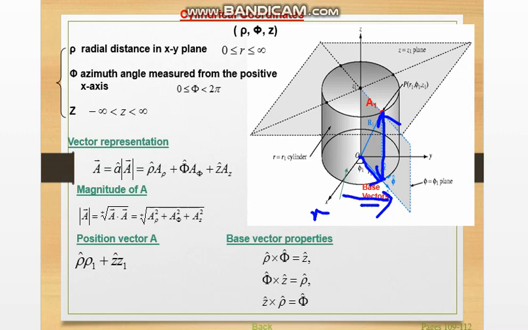So these are the main things of the cylindrical coordinate system: rho, phi, and z. Phi may be 0 to 2 pi, that means a total circle, 2 pi means 360 degrees, and z is from minus infinity to plus infinity, from the lower part to the upper part. Rho is from 0 to infinity.